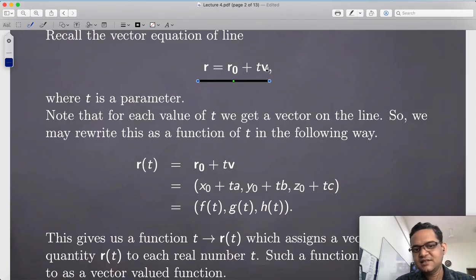So this is the vector equation of the line passing through the point whose position vector is r0 and which is in the direction of vector b.